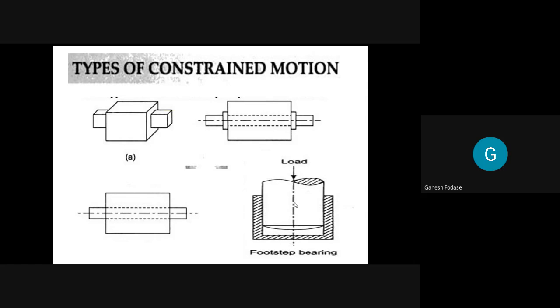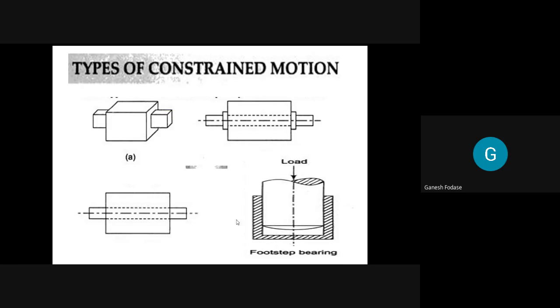Means what? When the motion between two elements of a pair is possible in more than one direction, yes, it can linearly move or it can rotate, but it is made to have motion only in one direction by using some external means, then that motion is called a successfully constrained motion.